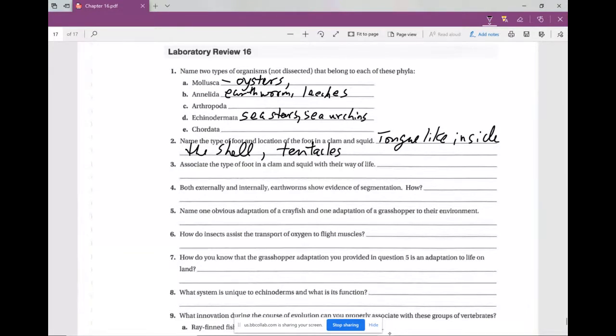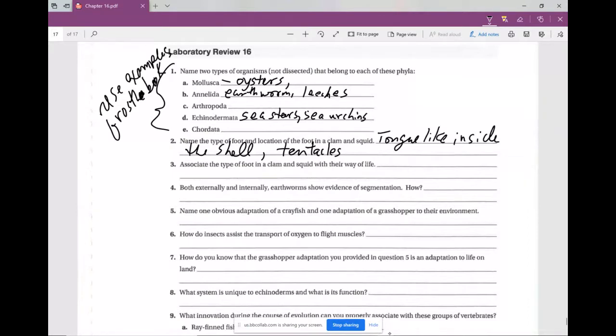Make sure you find the answers to this and use the examples from the book, because on the final exam for the lab I'll be using those terms. I'll probably just do multiple choice questions, but I'll use the animals that were given as examples here in the book.